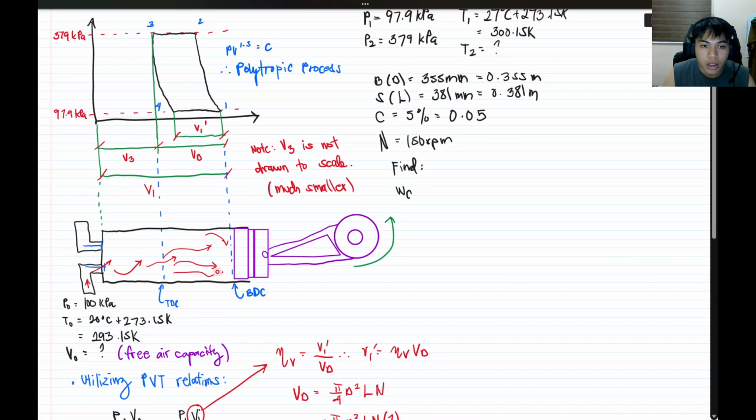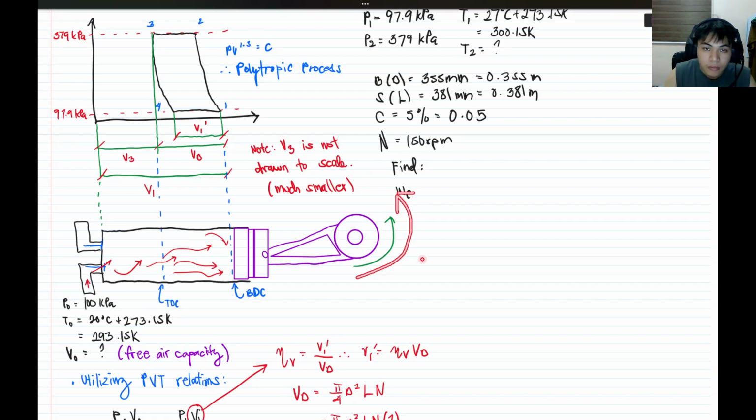Alright. Now, let's go to the movement of our piston. When the crankshaft rotates, our piston is pushed from the bottom dead center to the top dead center.